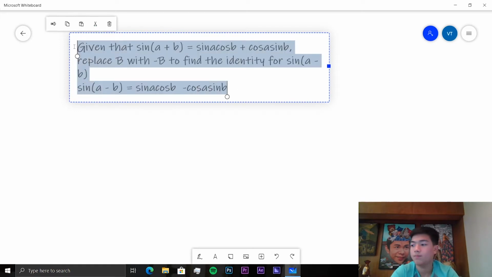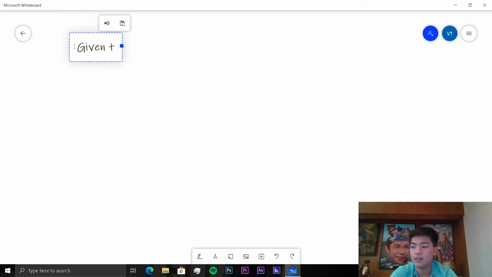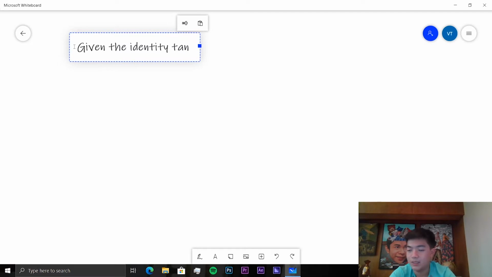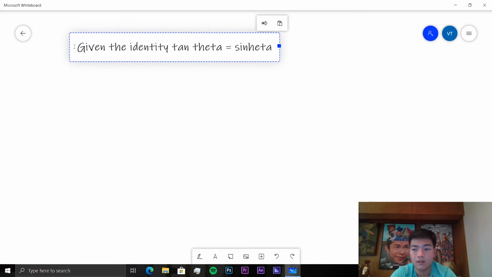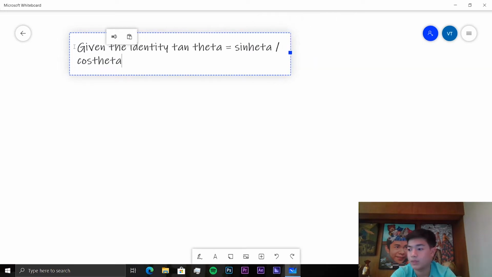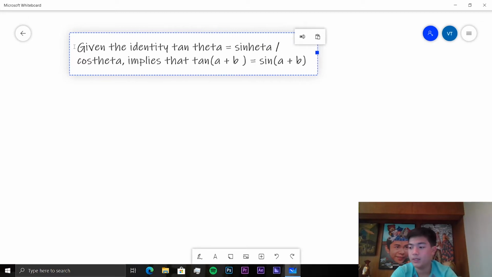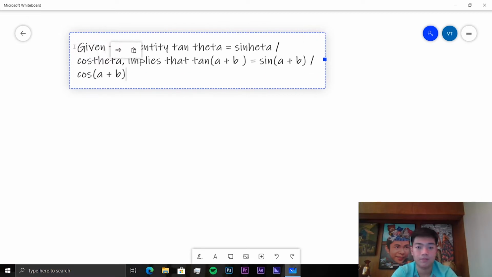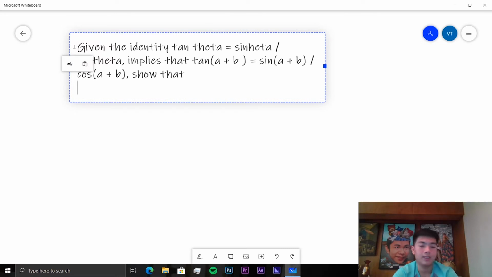Next question. Given the identity tangent theta is equal to sine theta divided by cosine theta, which implies that tangent A plus B is equal to sine A plus B divided by cosine A plus B, show the tangent formula.